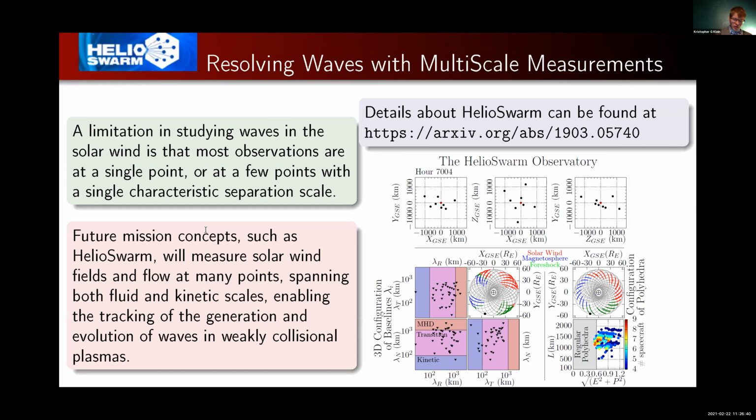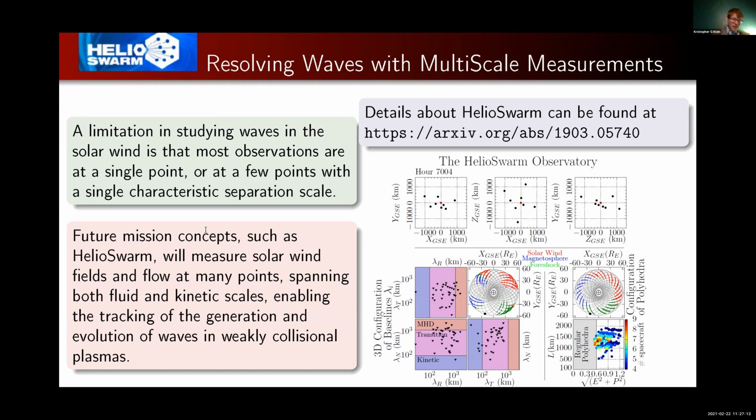A mission that's currently in a phase A study is to launch not just a single or a few spacecraft, but an entire swarm of spacecraft that would span both fluid and ion characteristic scales that would enable us to actually track how these waves are generated and evolve at the tens to hundreds to thousands of kilometers scale. I don't have time, but if you'd like more details, a white paper on this can be found at that archive address right there.